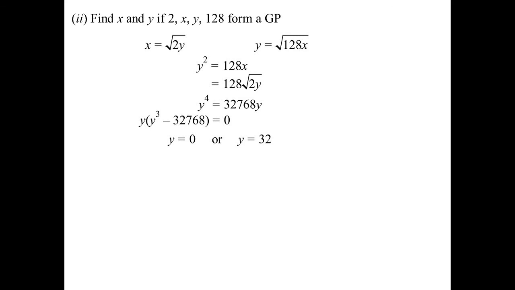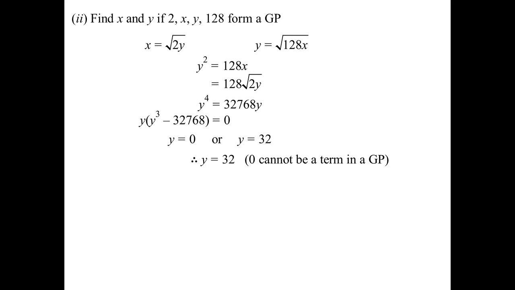y cubed is 32,768. Well, the cube root of that is 32. So there's my 2 possibilities for y. Well, let's investigate that. If y was equal to 0, that's not going to work. You see, you can't have 0 as a term in a geometric pattern because once you have 0, when you multiply it by the common ratio, you're going to get 0 again.